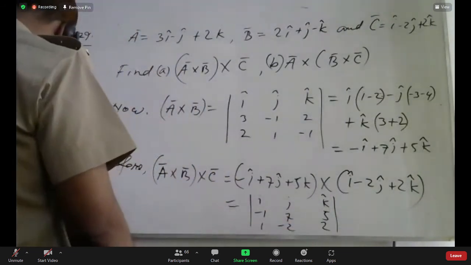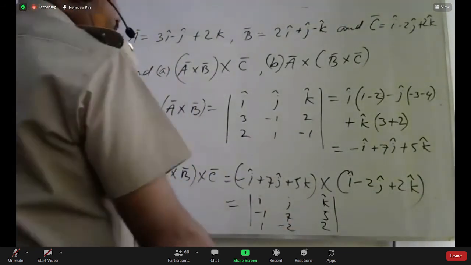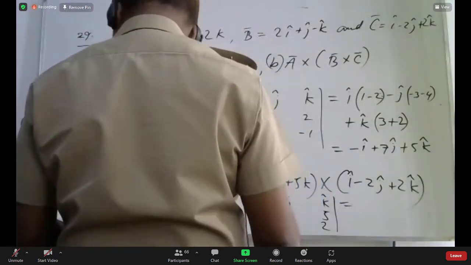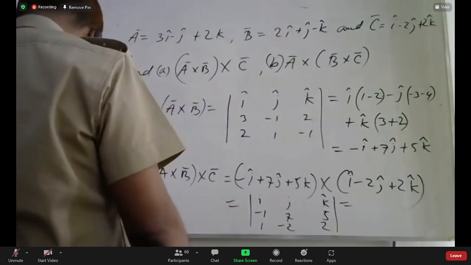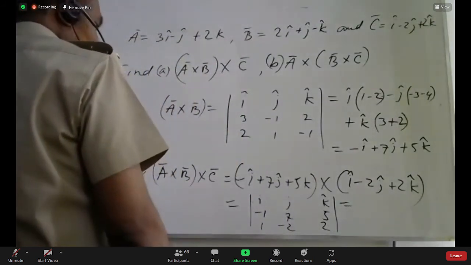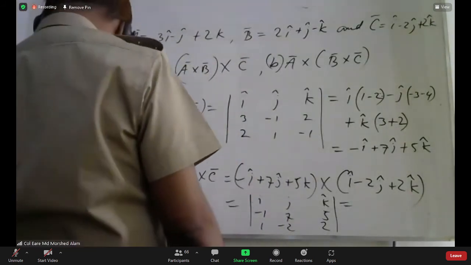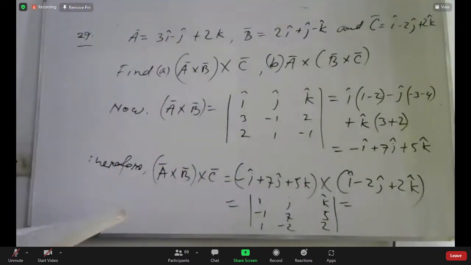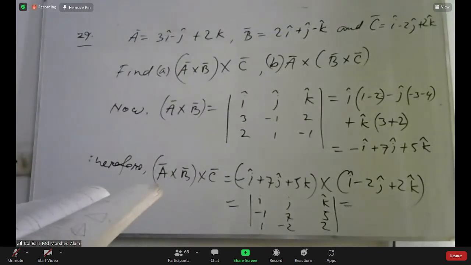Okay, বুঝতে পেরেছ? So if you simplify, like the earlier one, what will you get? You simplify this, okay? বুঝতে পেরেছ? Yes, sir.